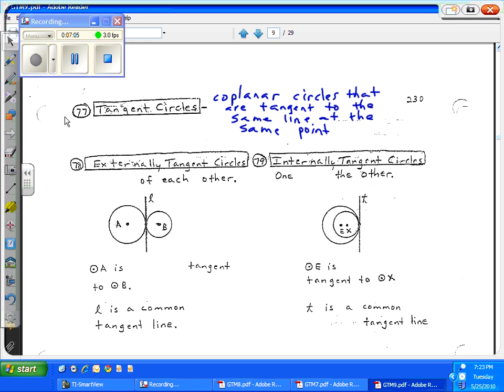In other words, they have a common point of tangency. And so, like internal and external tangent lines, we also label what we call internal and external tangent circles.